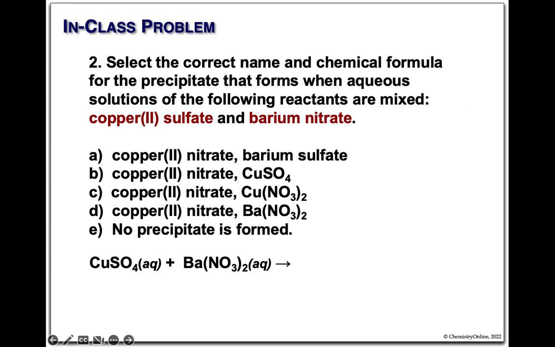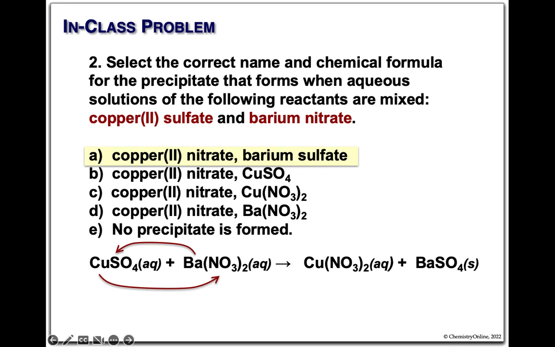That is, the copper will pair with the nitrate, the barium will pair with the sulfate. As we saw on the previous slide, most sulfates are soluble except for barium, calcium, whatever. Our products are copper nitrate and barium sulfate. Simple double replacement. Any questions?